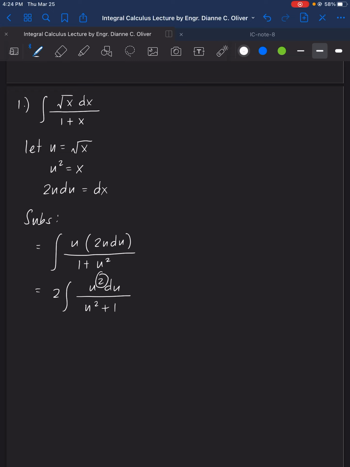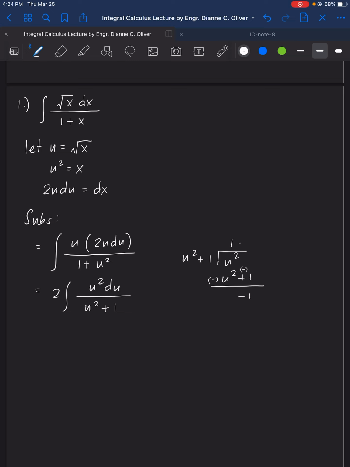Now since these two have the same exponent, we can divide. So let's have u squared divided by u squared plus 1. So let's put here 1. 1 times u squared is u squared, plus 1 times 1 is 1, it becomes minus negative 1.